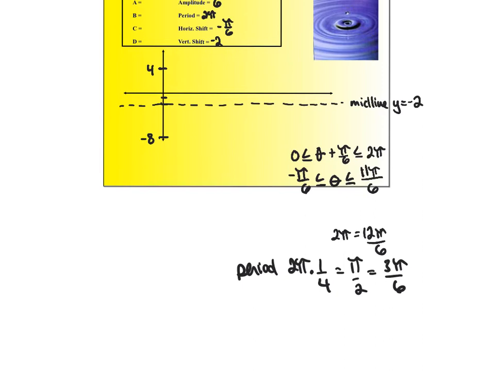So it looks like I'm starting, that's my phase shift, at negative pi over 6. And I'm going to add 3 pi over 6 to that. So if I added 3 pi over 6, I'd be over here at 2 pi over 6, and then 5 pi over 6, and then 8 pi over 6, and then 11 pi over 6.